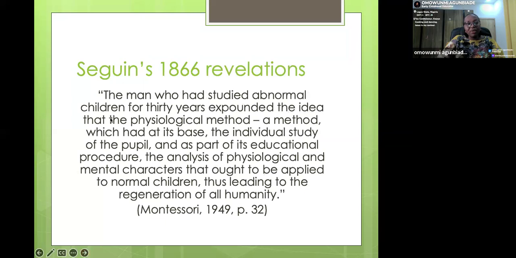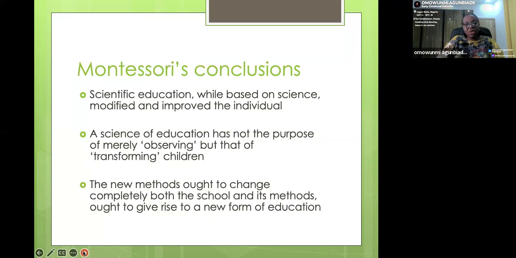All right, so I've talked about this, the second revelation. And this is what Maria Montessori based her theory on, and she used with the children. I don't want to bore us with that theory. Maria Montessori's conclusion: scientific education, while based on science, modified and improved the individual.